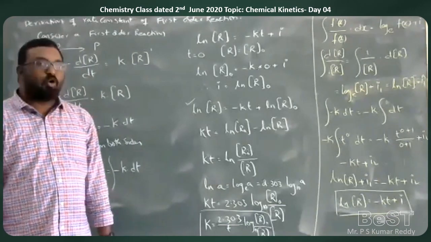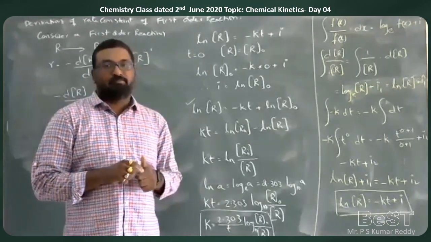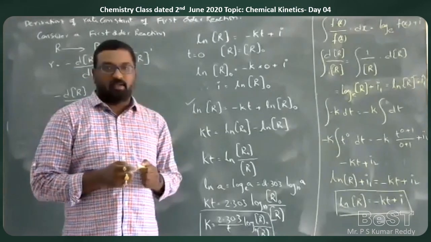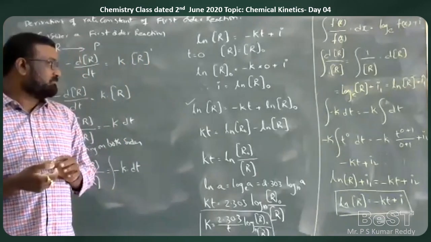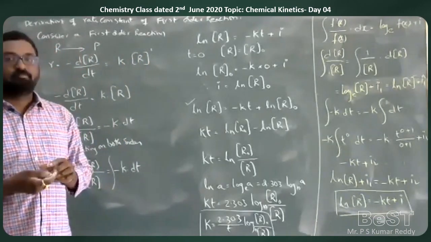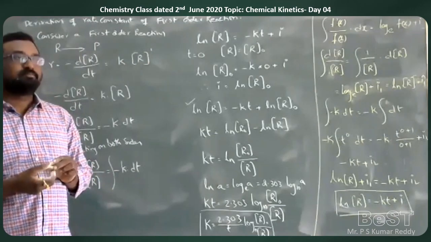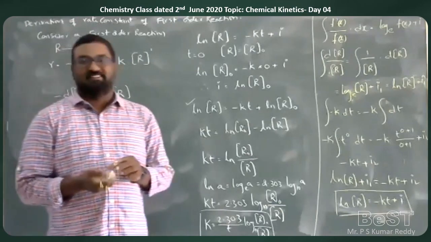So what is the slope here? Minus k. Am I right? In the same way, what is the intercept? The intercept is ln of R naught.